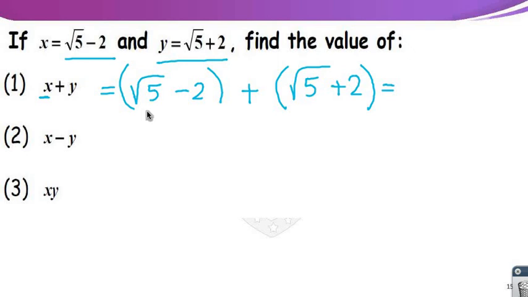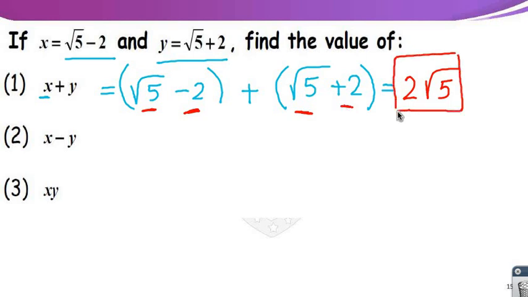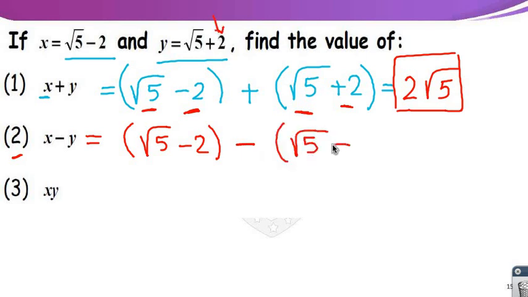Here we have square root of 5 and square root of 5, it will be 2 square root of 5. And here we have minus 2 and plus 2, it will be 0. So the result here will be 2 square root of 5. Here we have number 2, x minus y. We put x, square root of 5 minus 2, minus y, we put square root of 5 plus 2.